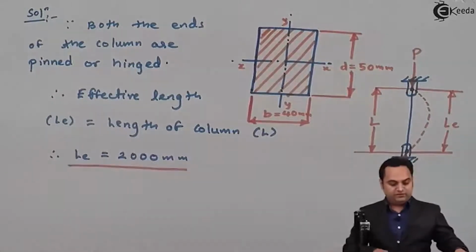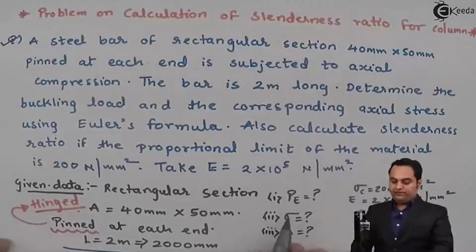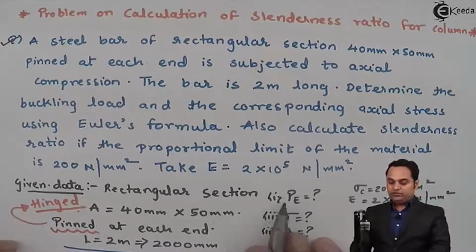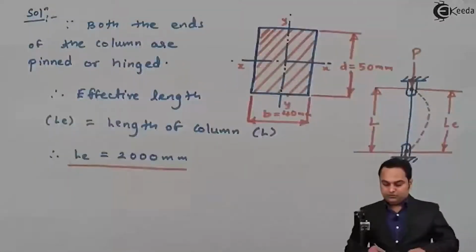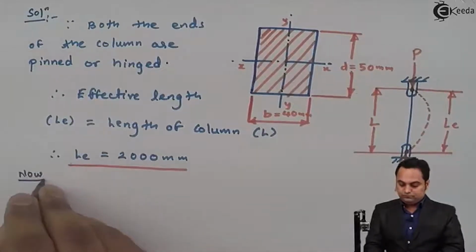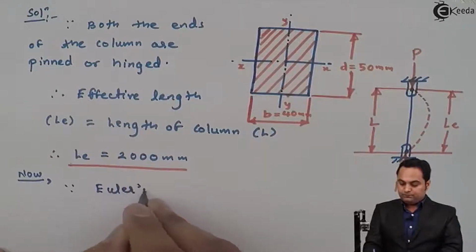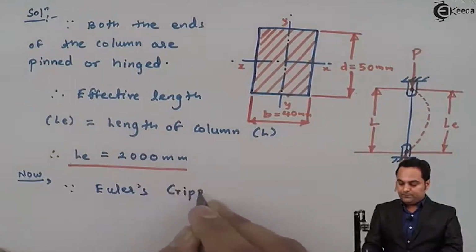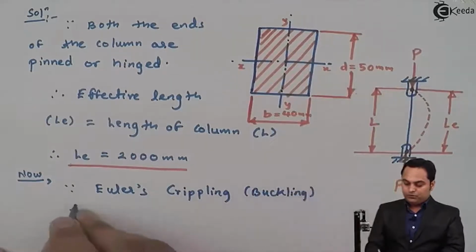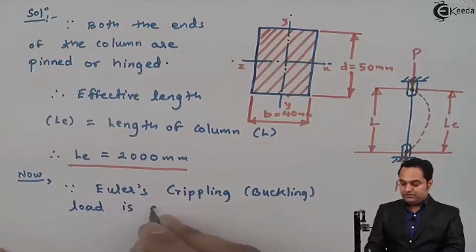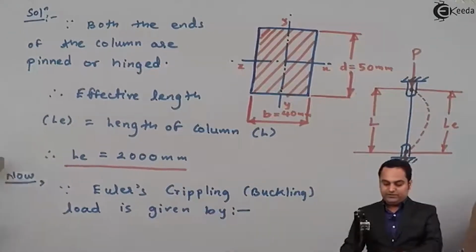So this is the effective length. Now after getting this effective length, I'll see the first question. The first thing which we have to calculate here is the Euler's crippling load, or we can say Euler's buckling load. Since Euler's crippling, or we can say buckling load is given by, now the formula I'll write onto the next page.